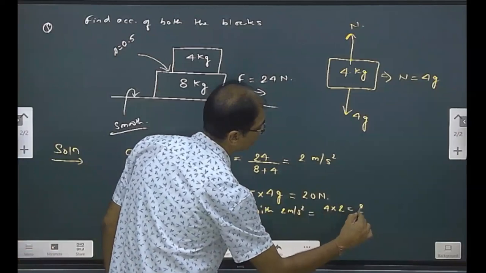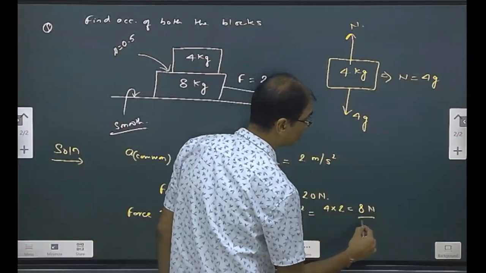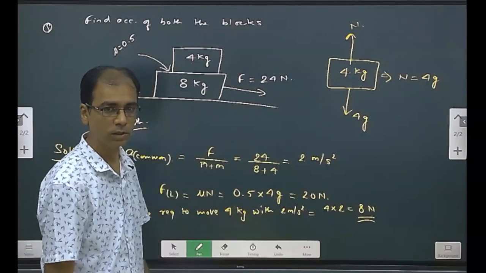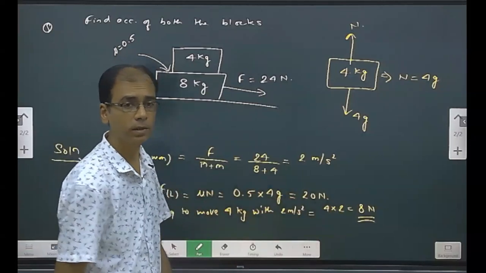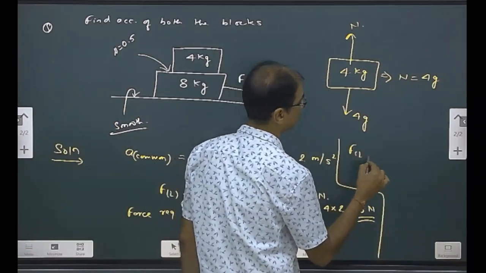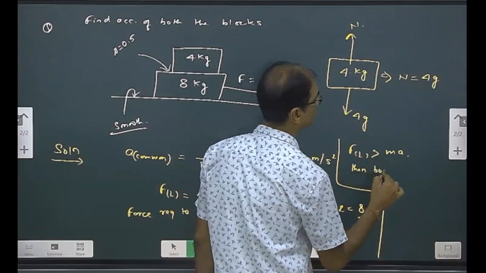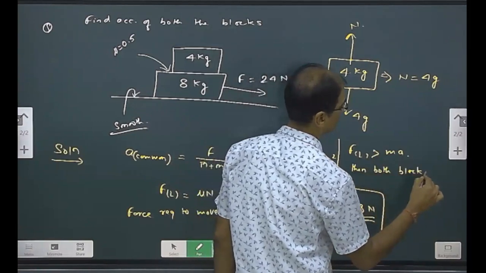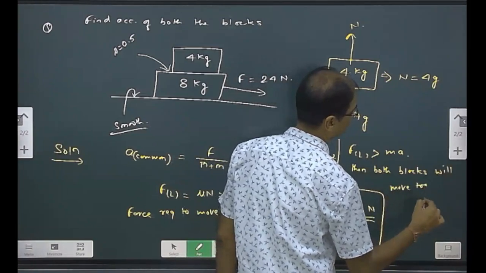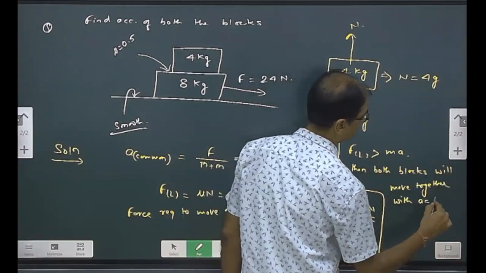That is 8. Now what we learned? We learned that if force of friction is more than this, then both will go together. Now check. Yes, this is 20 Newton and this is 8. So both are going to move together only. Force of friction is greater than ma. Then both blocks will move together with acceleration 2 meters per second square.